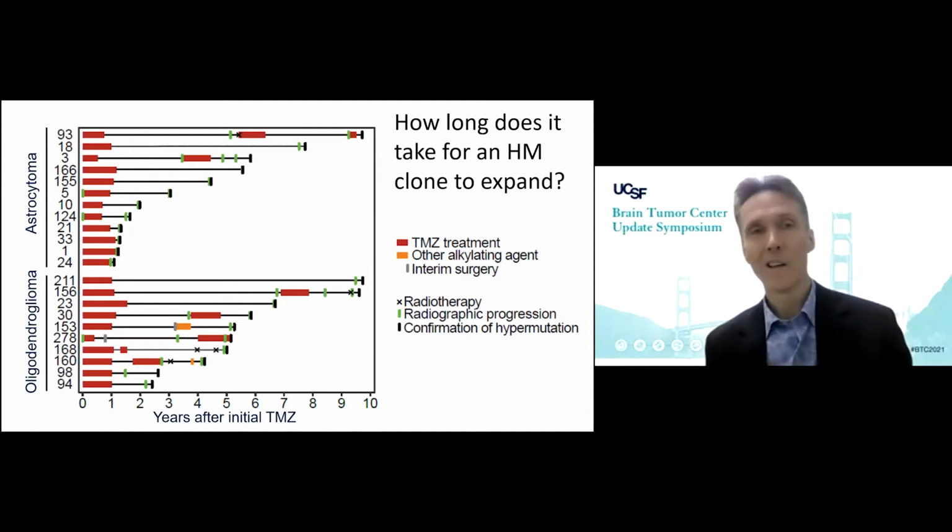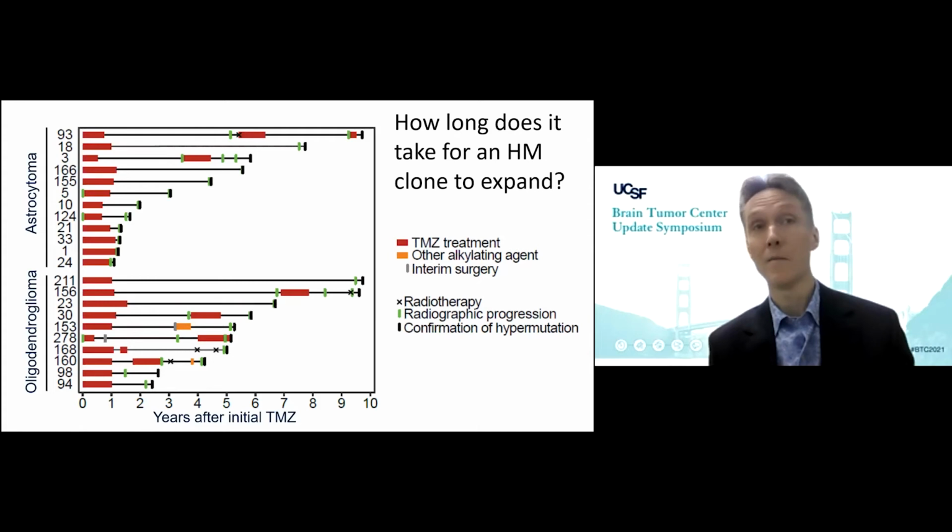We can ask, there's this potentially negative outcome, but how long did it take for the hypermutated cell to actually grow? Because we do know that temozolomide is an effective agent in this patient group. And so what this plot shows is, starting at time 0, when the patient first received temozolomide, how long did it take before that hypermutated recurrence was found?